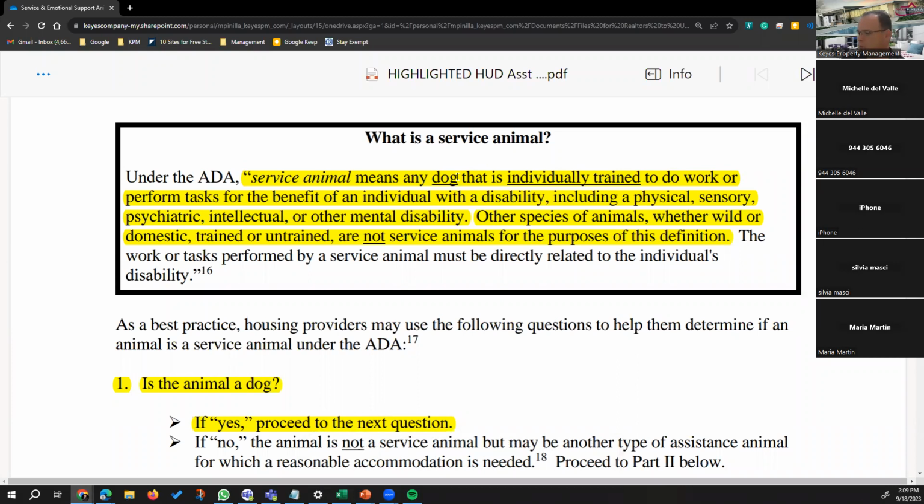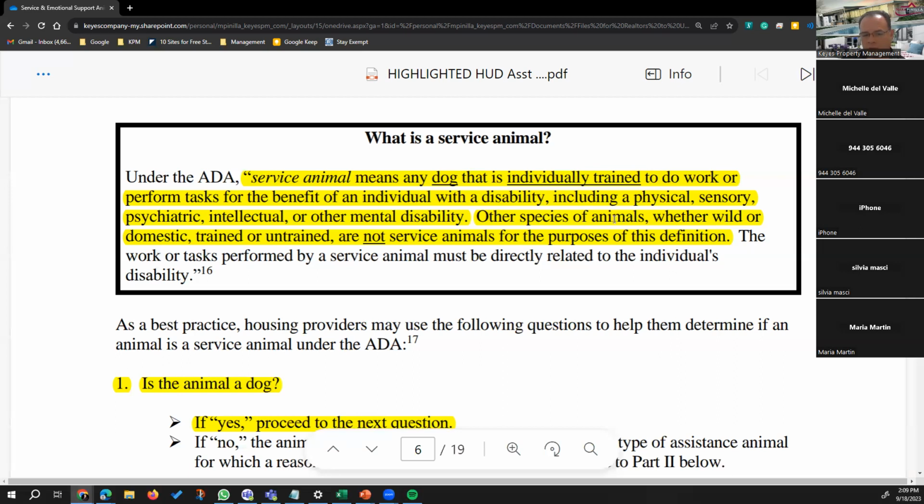So the most common one that most people think about is a seeing eye dog. That is a service animal, okay? It is trained individually to perform tasks for the benefit of an individual with a disability, including physical, sensory, psychiatric, intellectual, and or other mental disability.